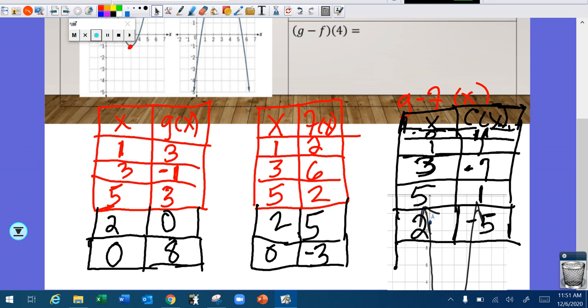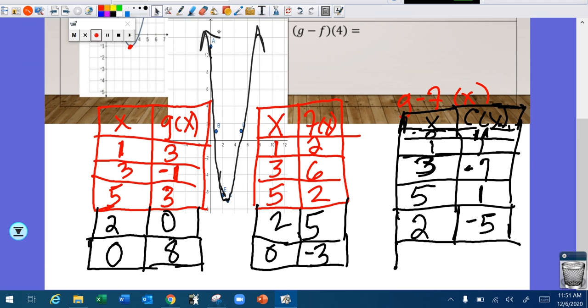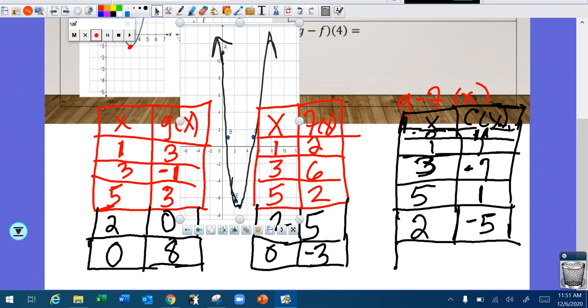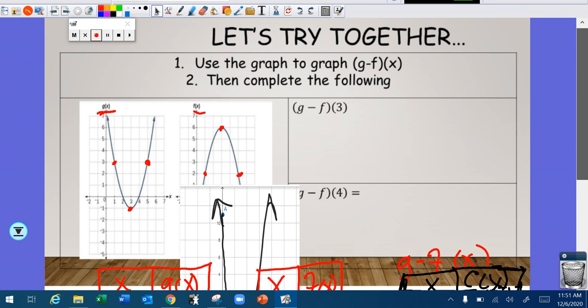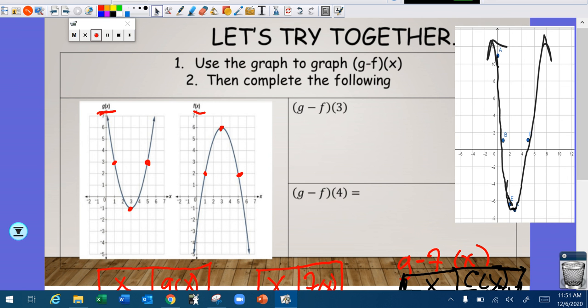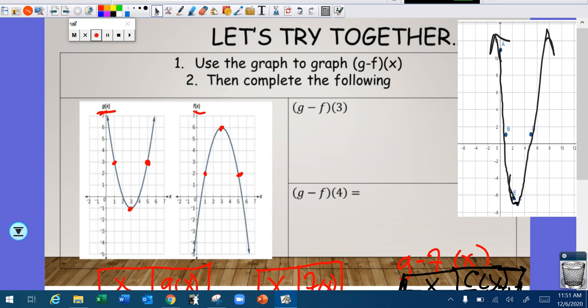Okay, so that's the graph from the subtraction problem. Let me drag this up and I'll stick it right here. All right, so that's the graph from the subtraction problem.